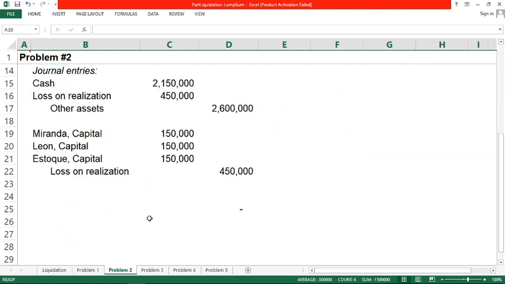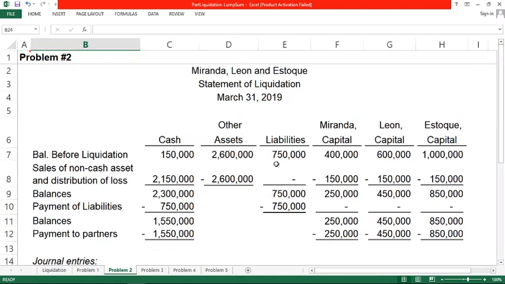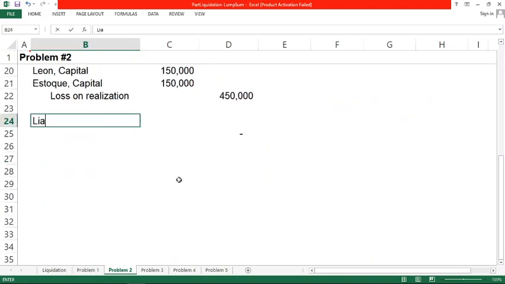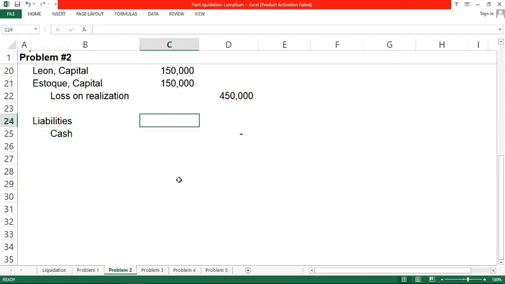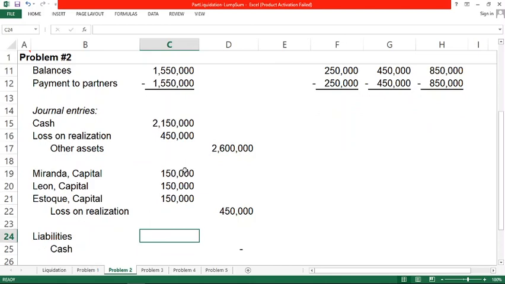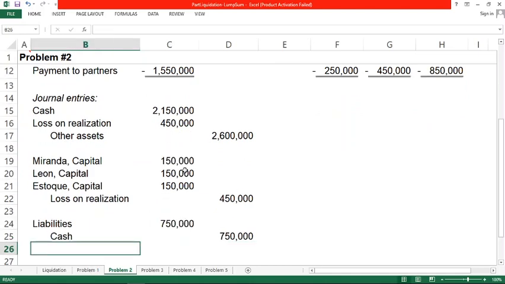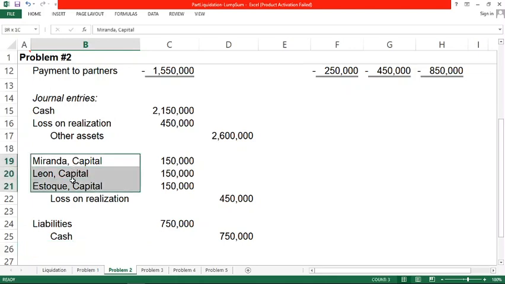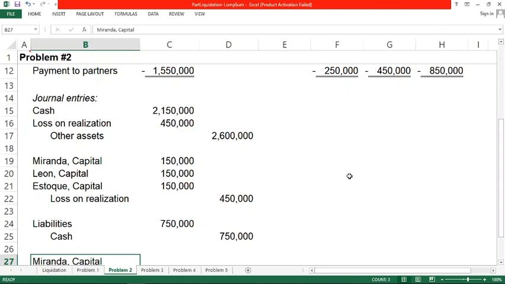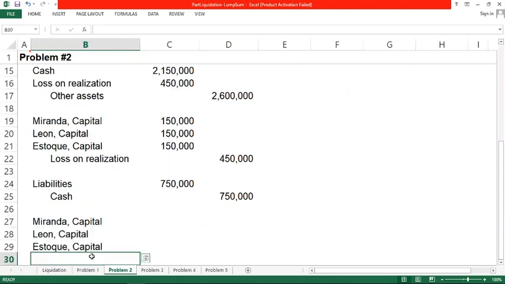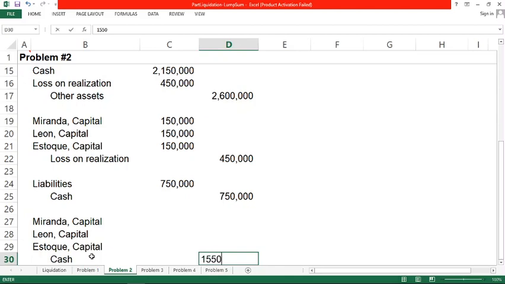We have here payment of liabilities. What did it say about the liabilities? Nothing, just liabilities in general. So liabilities, and we paid cash. The liability that we paid is 750,000. After that, we distributed the excess cash to our partners, 1.55 million in total.